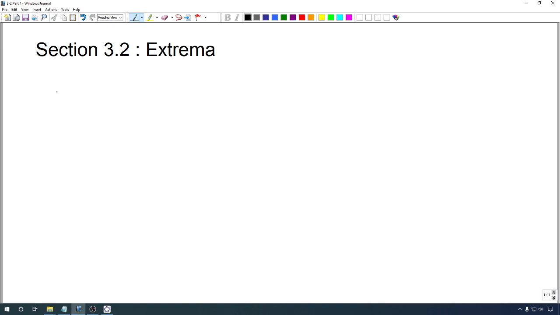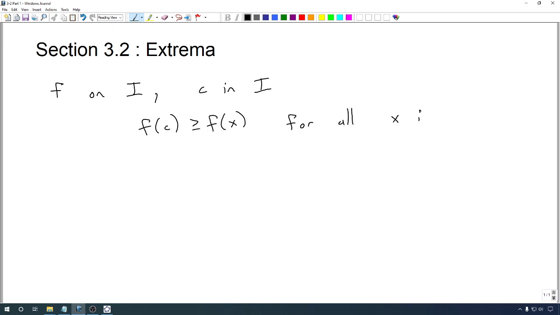If we have a function on some domain, usually an interval I, so we have f on I, we can have it that for some c that's in I, f of c is bigger than or equal to f of x for any other x that's in I. When this is the case, we could just say that f of c is the maximum of the function.